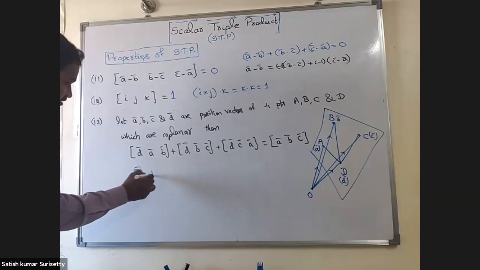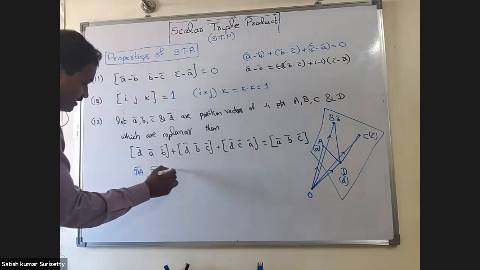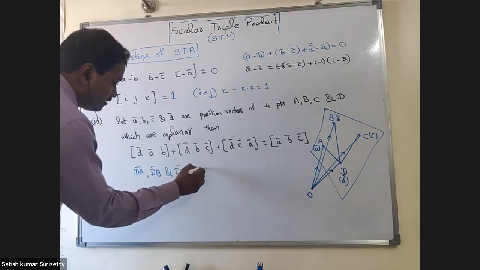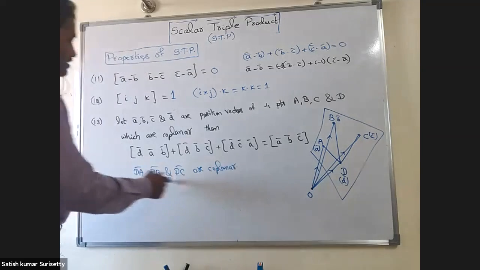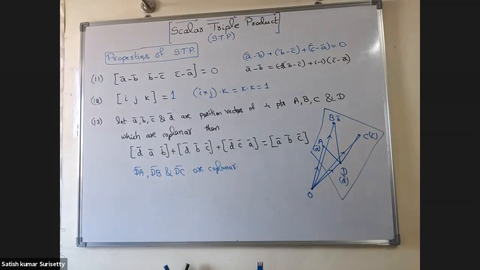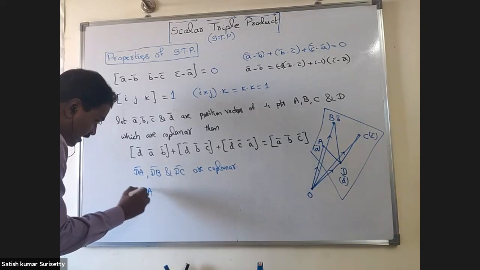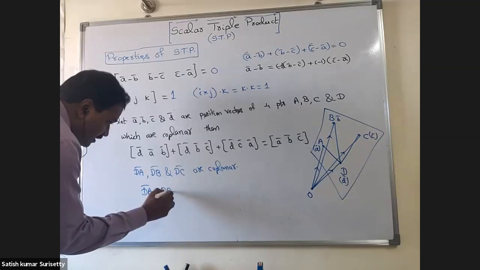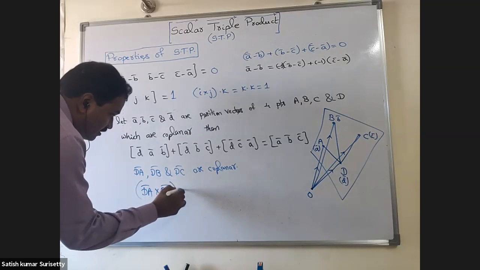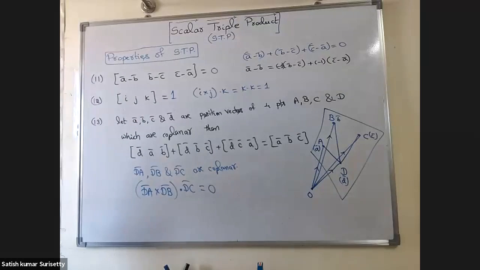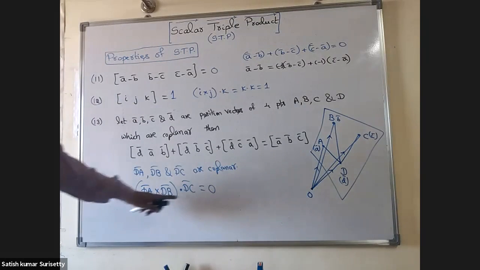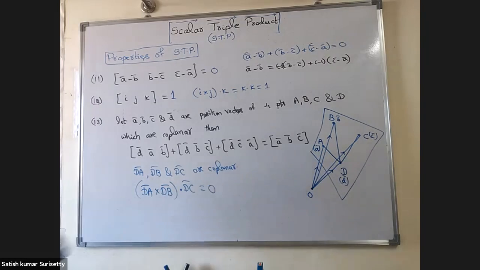Once these three vectors are coplanar, their scalar triple product will be 0. That is DA bar cross DB bar dot DC bar equal to 0. So you expand this and simplify, then you can prove this result.